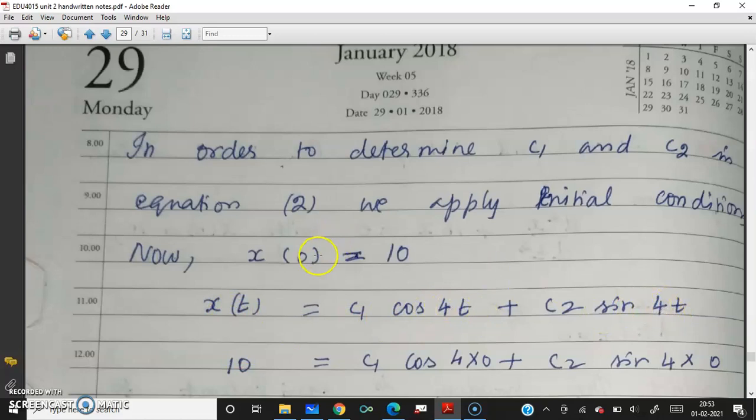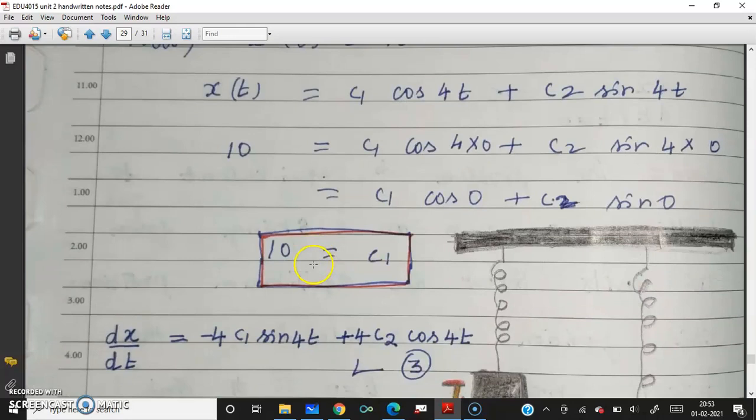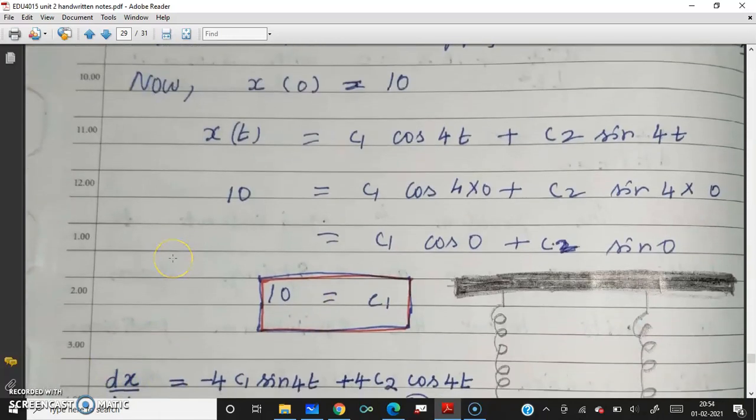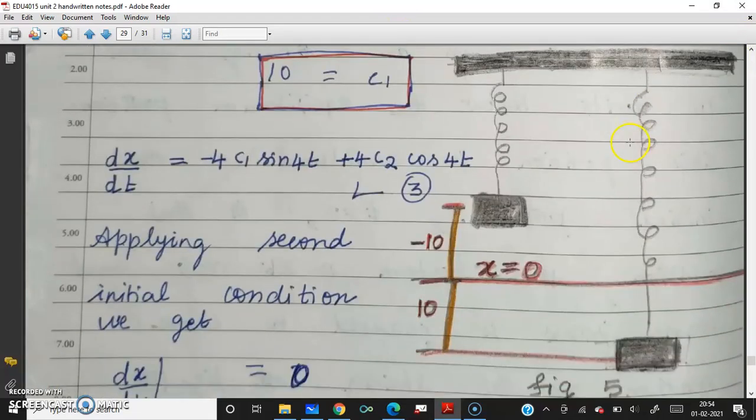Time is taken as 0, x is taken as 10. You get the value of c1, and another condition is given to find c2, that is dx by dt. You differentiate it, normal differentiation. Differentiation of cos 4t is minus 4 sin 4t, differentiation of sin 4t is 4 cos 4t. So you will get dx by dt.